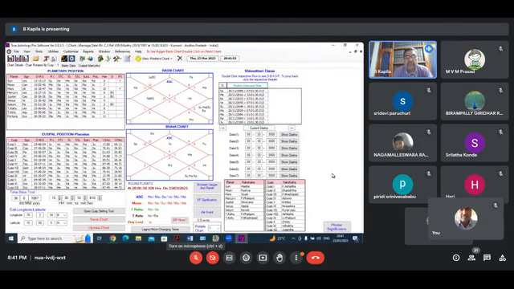But for 99% of cases, marriage is to happen. If somebody comes to us and asks when my marriage is to happen, our first answer will be definitely your marriage is going to happen. We will have to analyze the chart, and on the basis of the analysis, we can pinpoint the probable date and the probable year for the marriage.